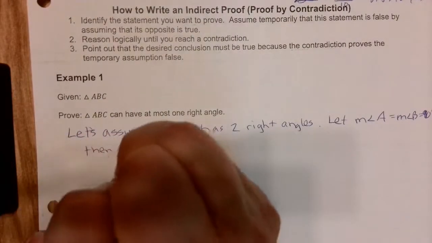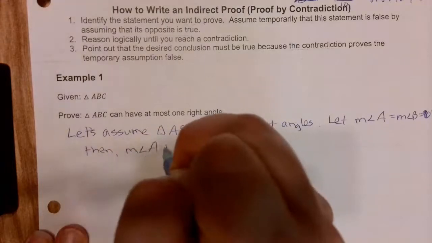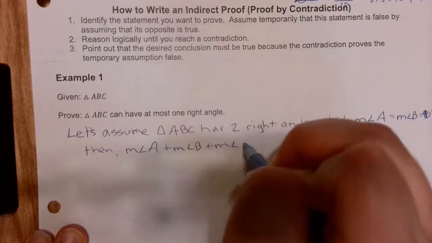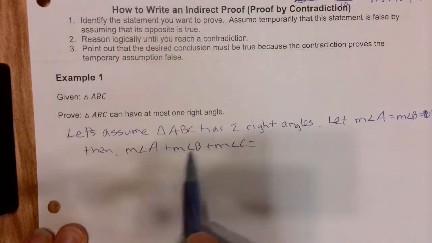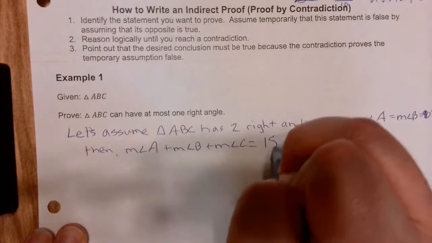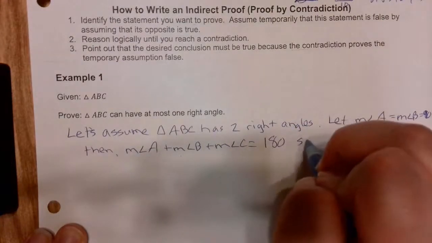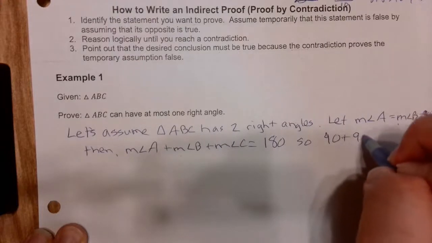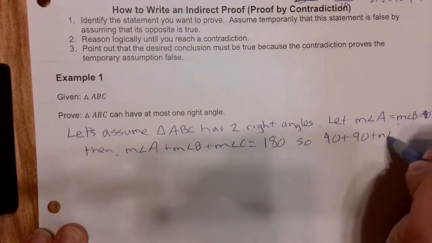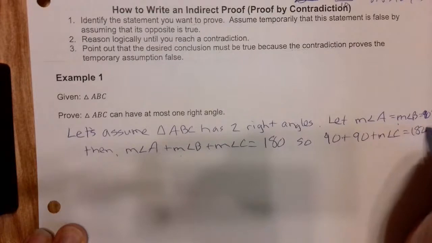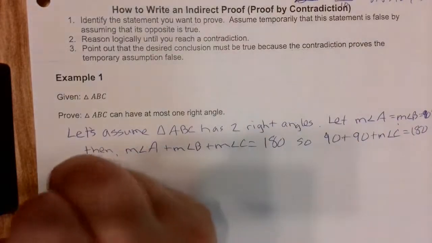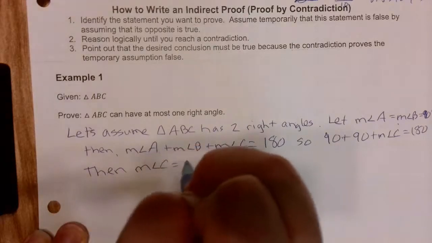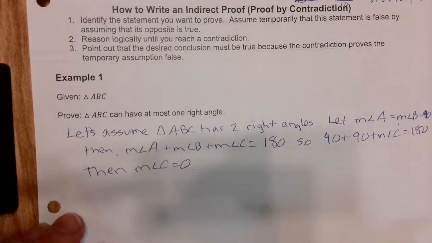Then, the measure of angle A plus the measure of angle B plus the measure of angle C, if you add up all three angle measures, should equal 180. So, substituting in, 90 plus 90 plus the measure of angle C equals 180. Then, the measure of angle C would have to be 0.